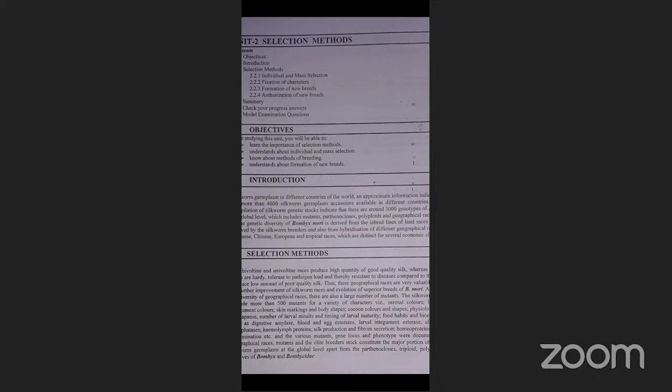About 3,000 cocoons give silk fiber of 4 to 5 kilometers, one thread of fiber.